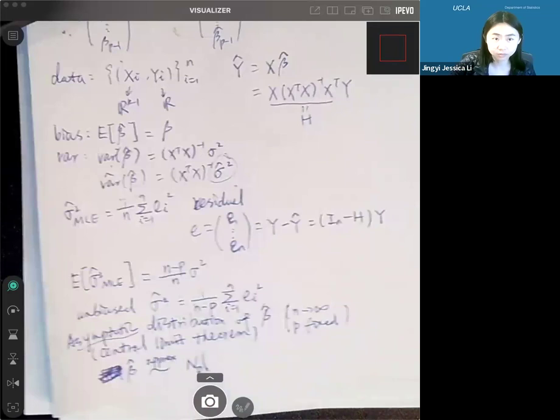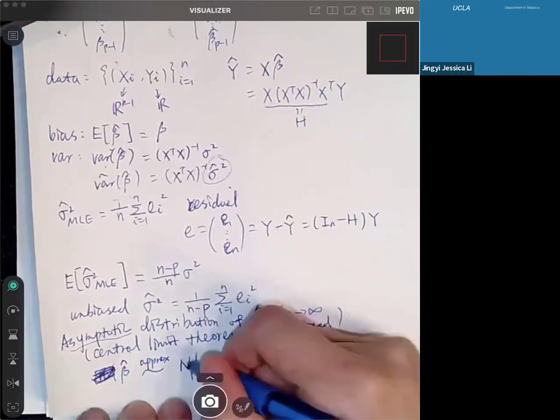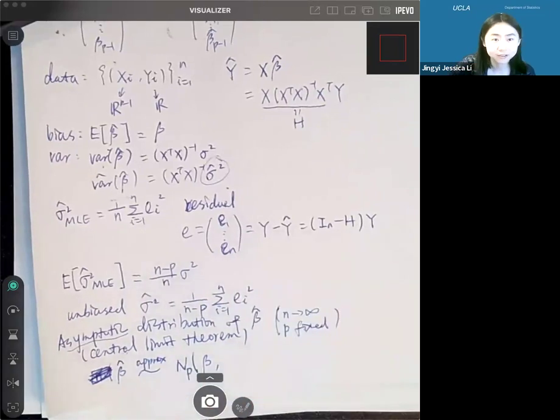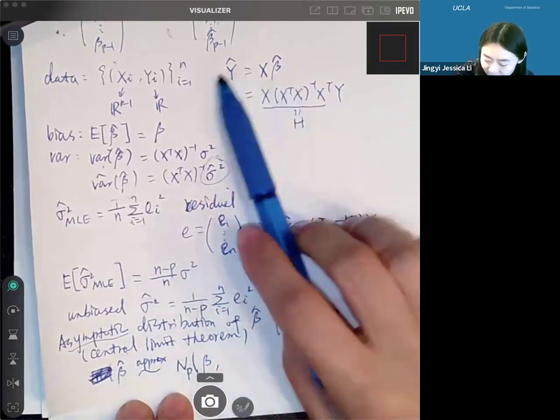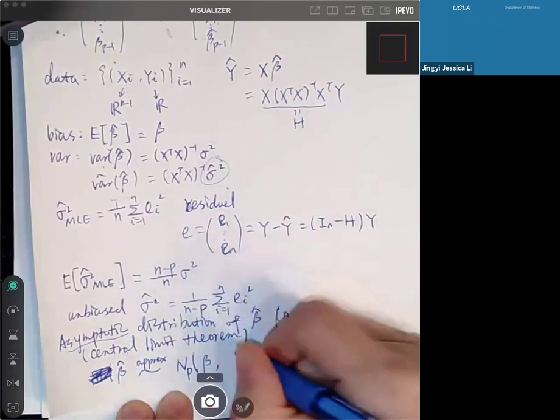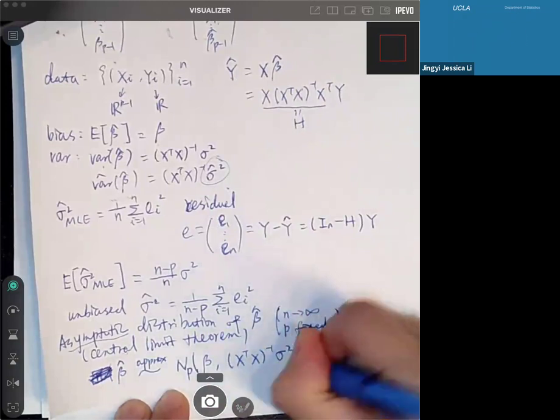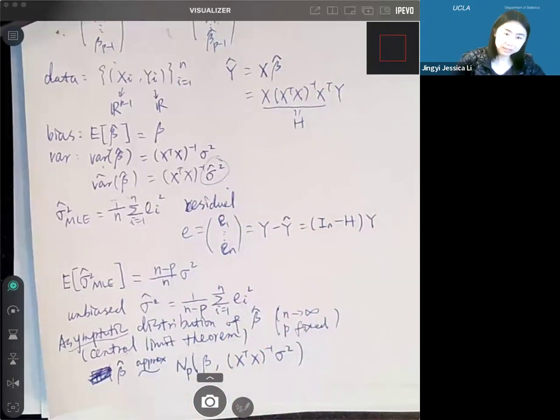It's not one-dimensional because we're looking at the p elements of beta hat jointly. Mean beta, and the variance covariance matrix is what we have over here, this one. Okay. This is the asymptotic distribution.